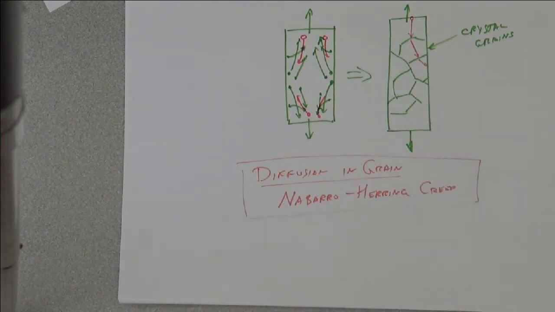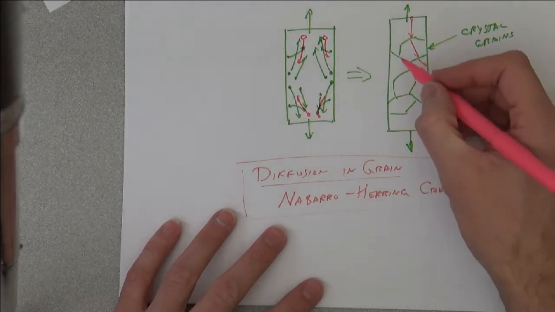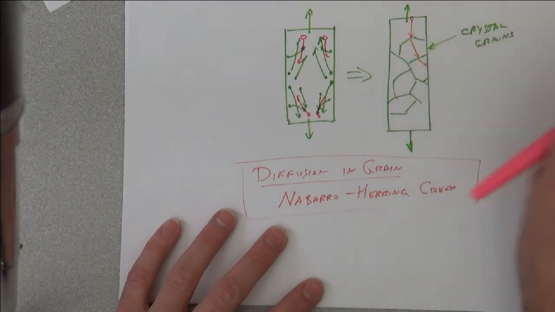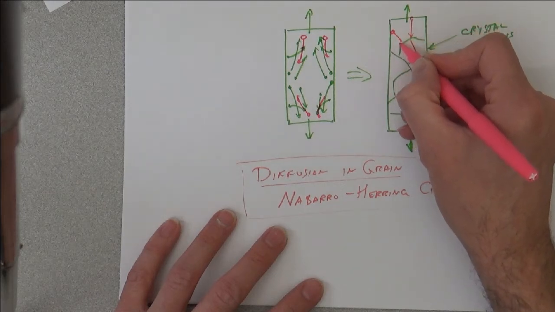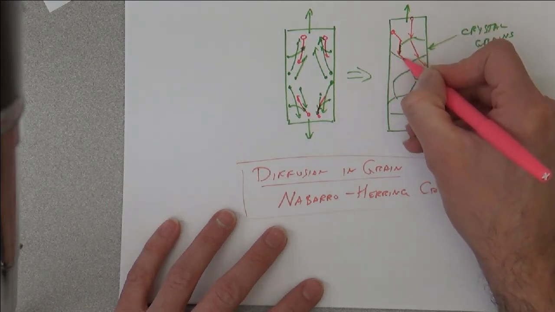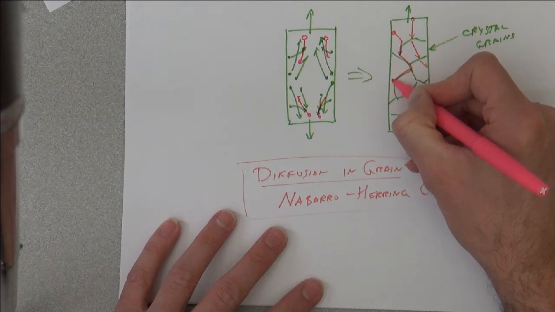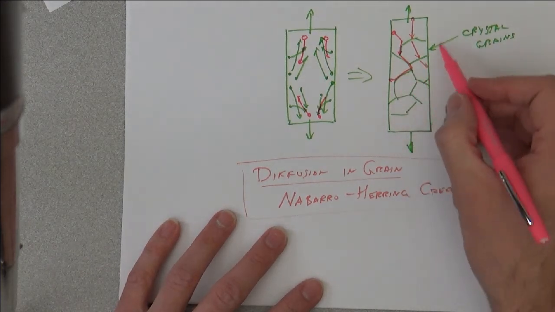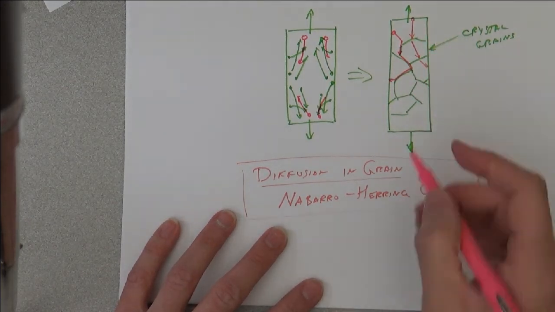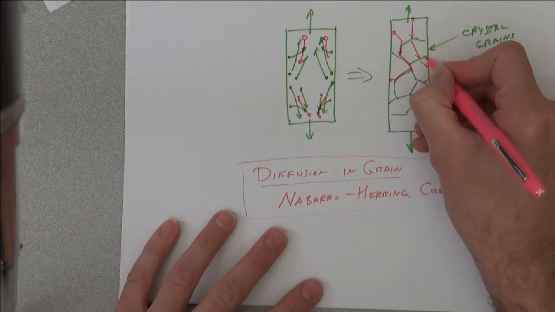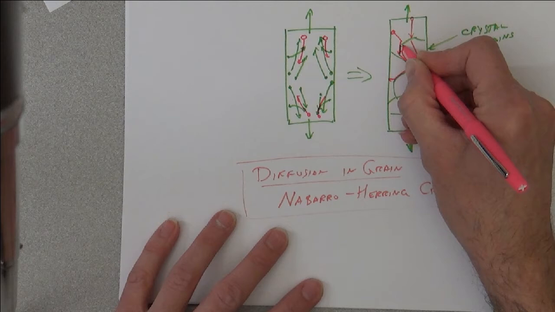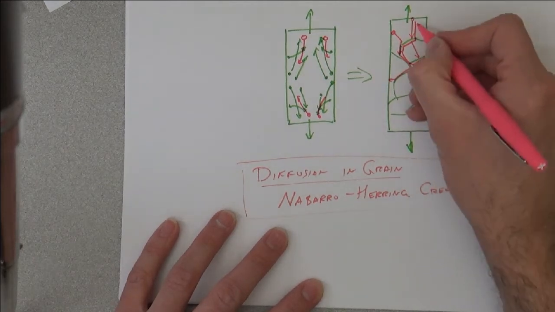But I said that's one mechanism. Another mechanism is one in which you have vacancies that move along grain boundaries. In the same way, you can think of mass moving along grain boundaries.